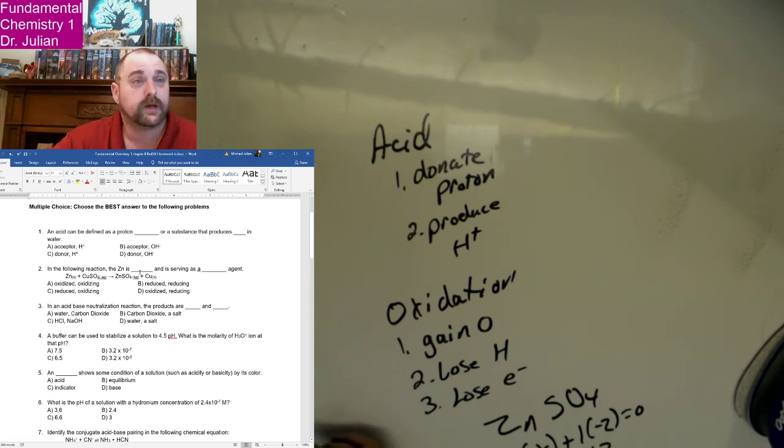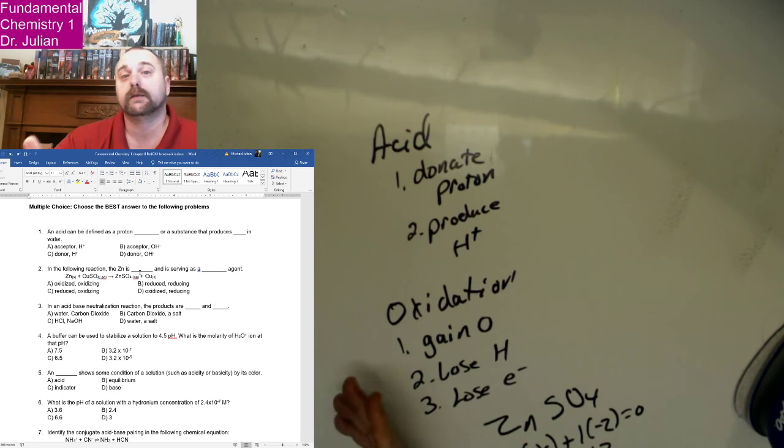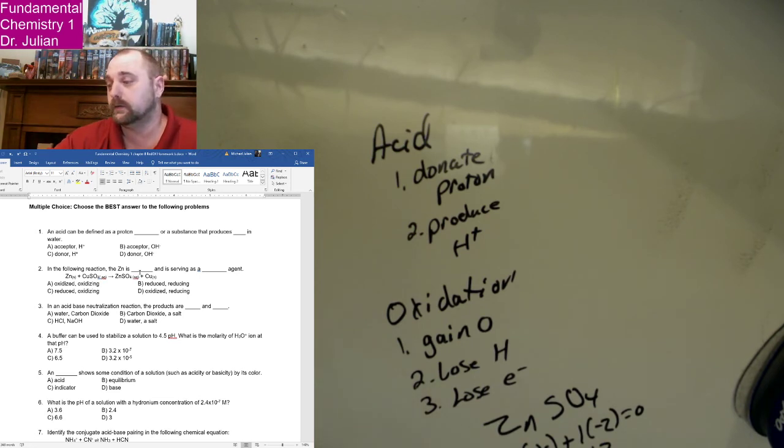So if it's oxidized, it caused something else to be reduced. Where did they go? They went to the copper. But for us, just treat the word agent as if it flips the meaning. So if it's oxidized, it's a reducing agent.